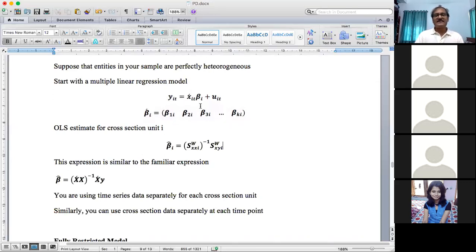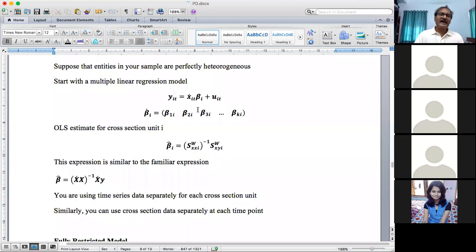If they are all stationary, there is no problem; you can estimate it by applying OLS. But if the variables are non-stationary, you have to consider the possibility of co-integration. And if the variables are co-integrated, you will get a meaningful estimate of beta. These are similar to the time series model, so we are not explaining in detail.